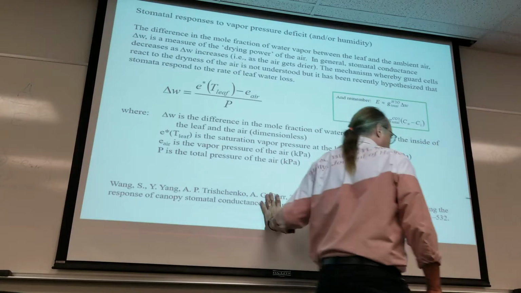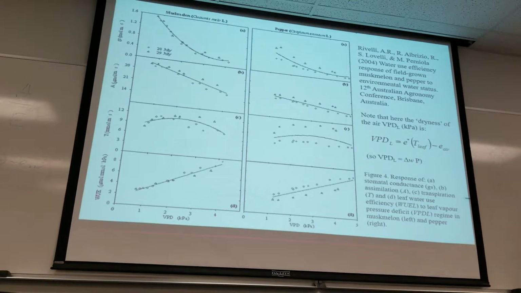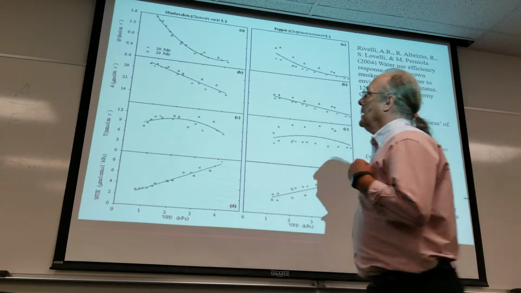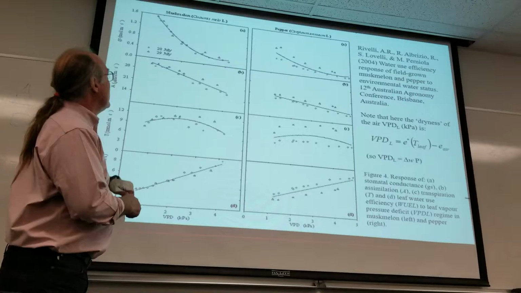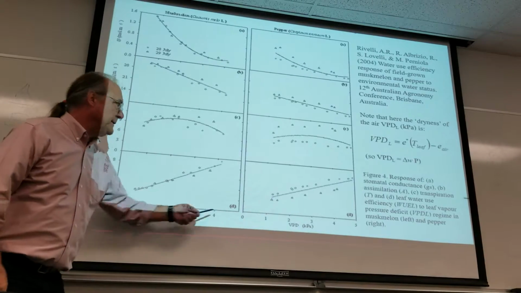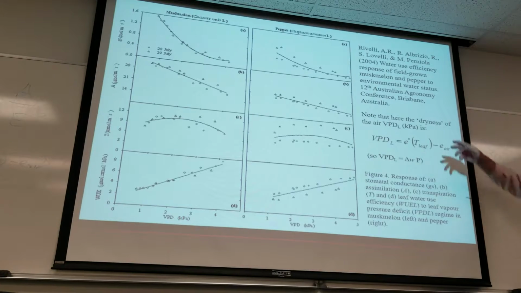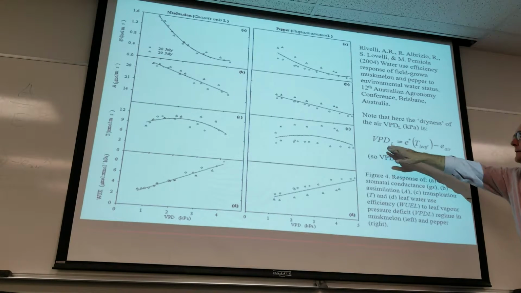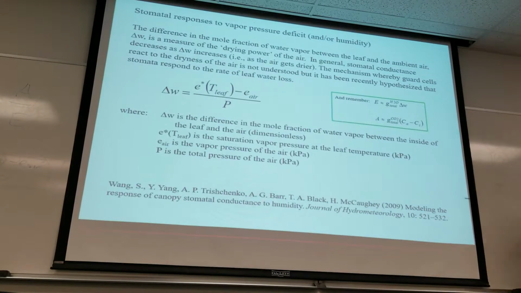Okay, here's a nice reference. Here's some data from a couple of plants, muskmelon and pepper. And the important part of this, here's the VPD. Now for this publication, they just looked at the numerator in here.